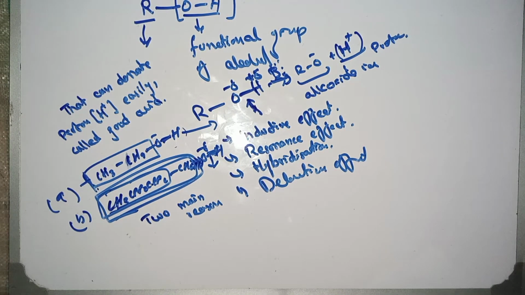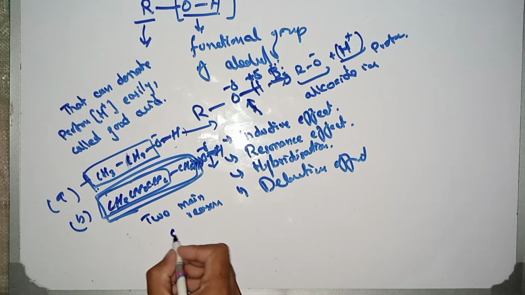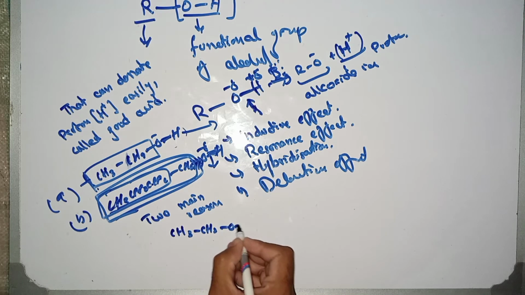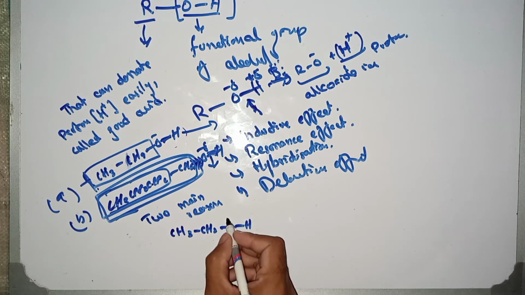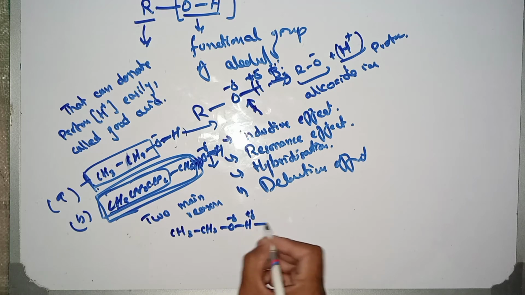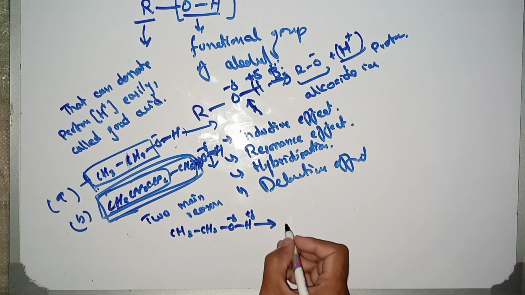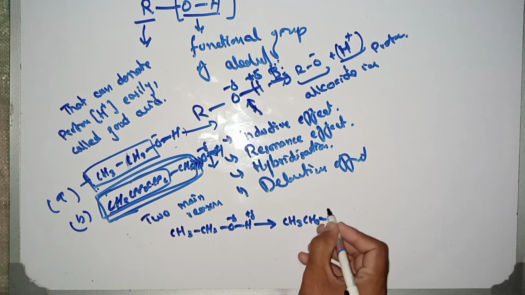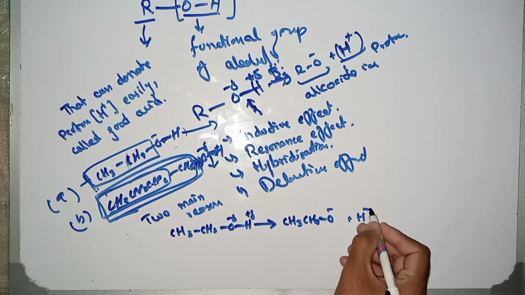Two main reasons. One reason is, let's suppose in both cases, CH3CH2OH, the bond breaks and produces the ions CH3CH2O negative plus H positive.